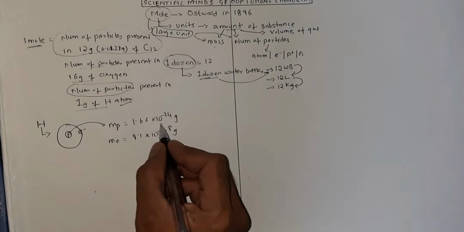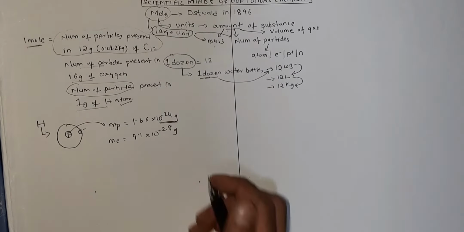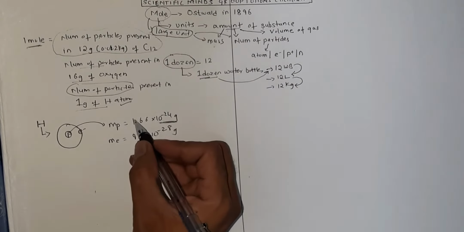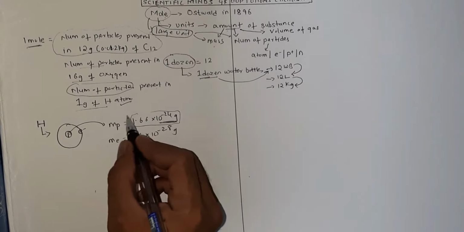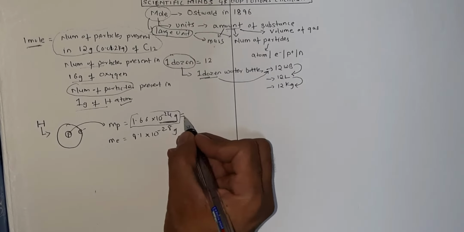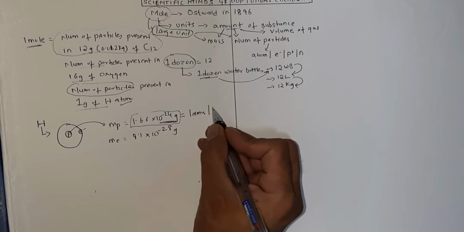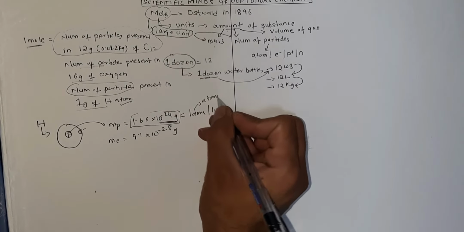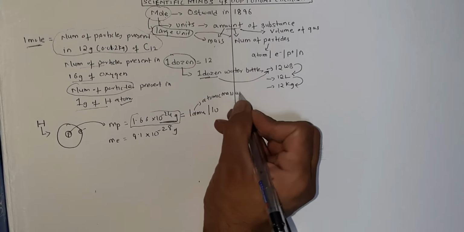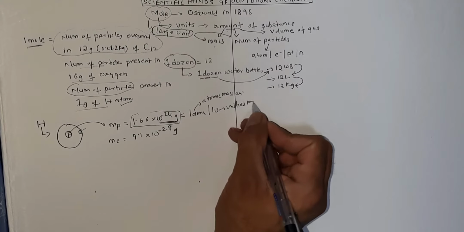Now these measurements are very difficult to understand. So what chemists have done, they have taken a value as standard. They have taken this 1.66 into 10 raised to minus 24 gram, the mass of 1 proton, as 1 AMU, atomic mass unit. AMU stands for atomic mass unit, or U stands for unified mass.